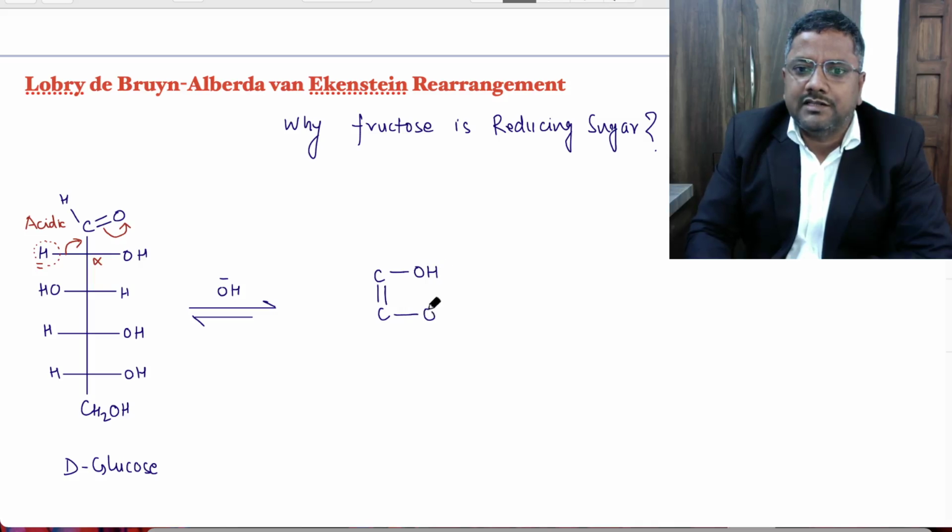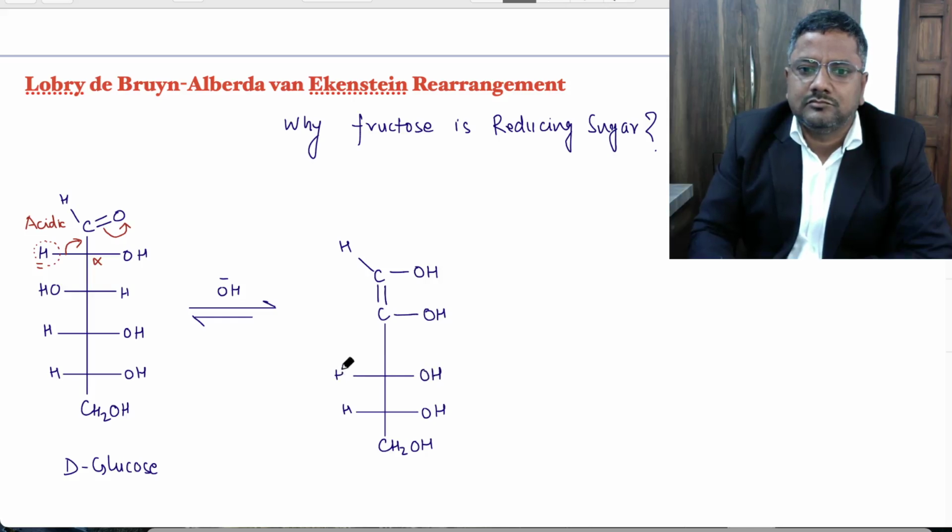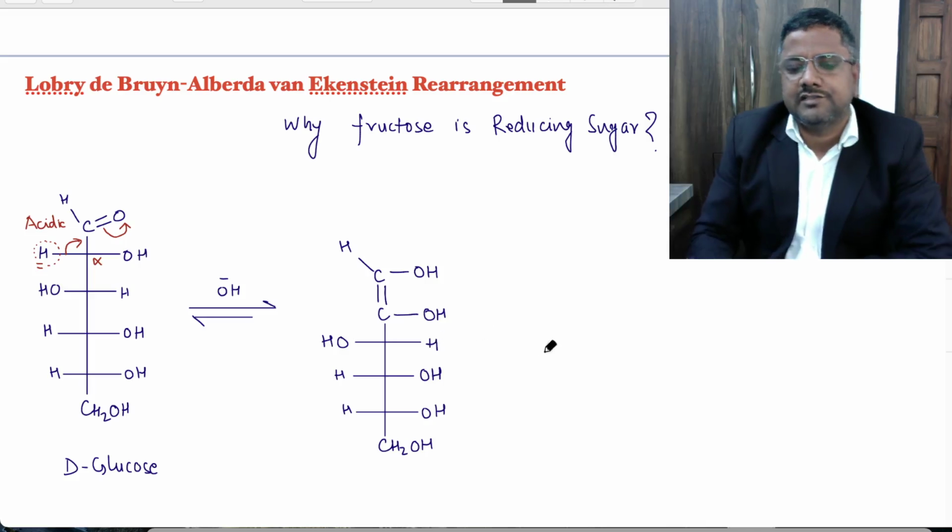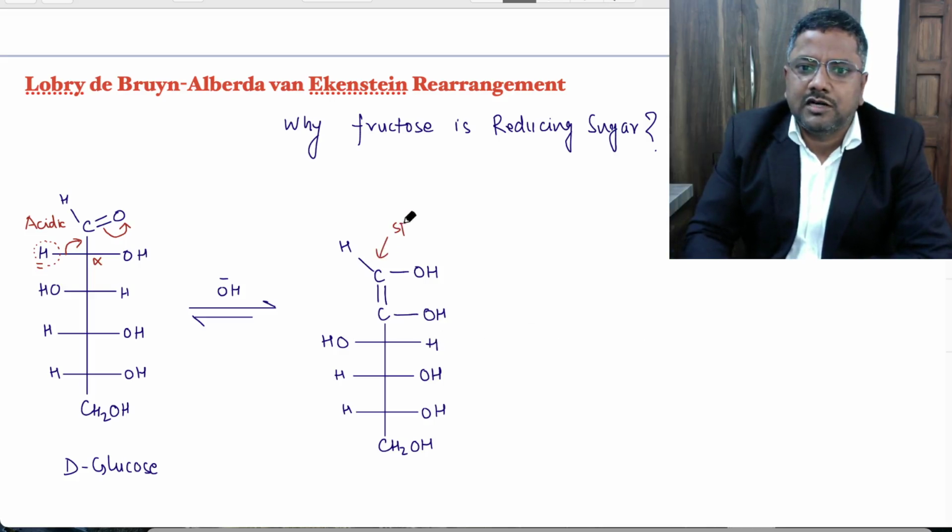This OH is already there. H, and the rest part is the same. Now if you can see, this carbon is sp2 hybridized, this carbon is also sp2.